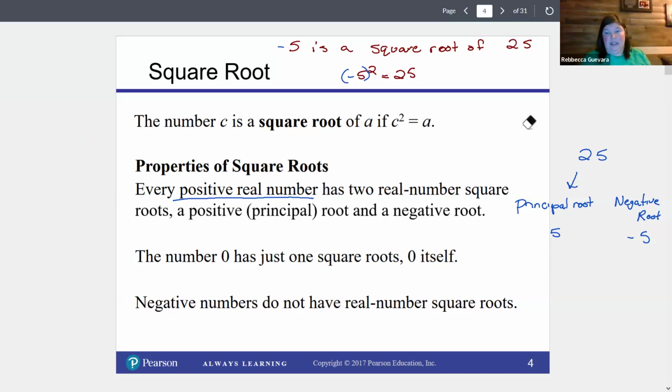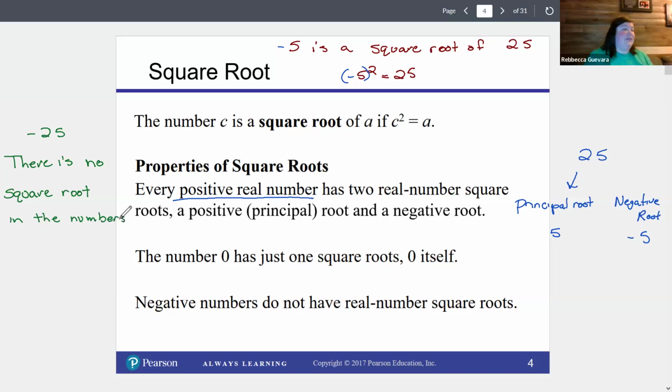So if we talk about negative numbers, if we have -25, there is going to be no square root in the real numbers. Remember, I'm talking about real number square roots. We know in the complex numbers there are.